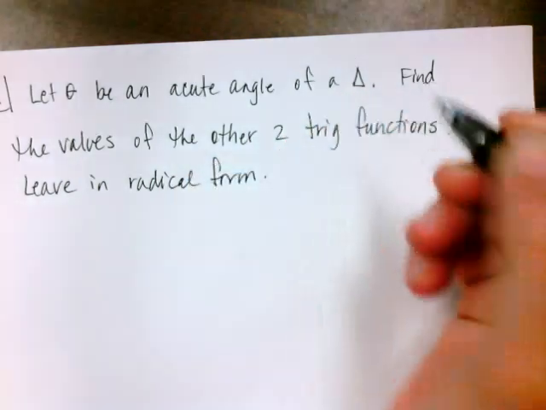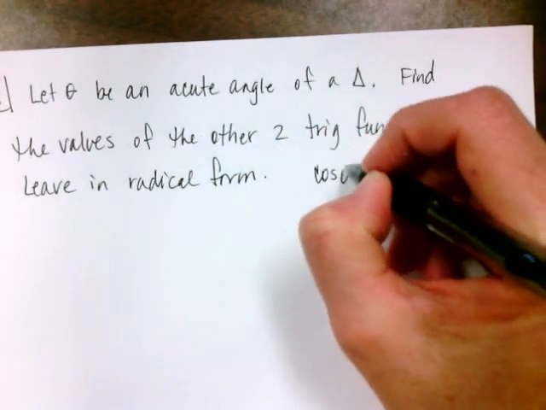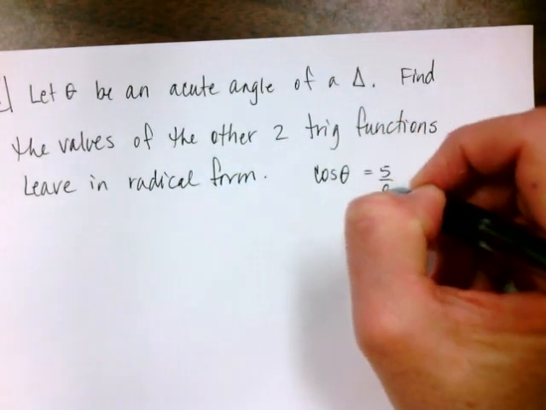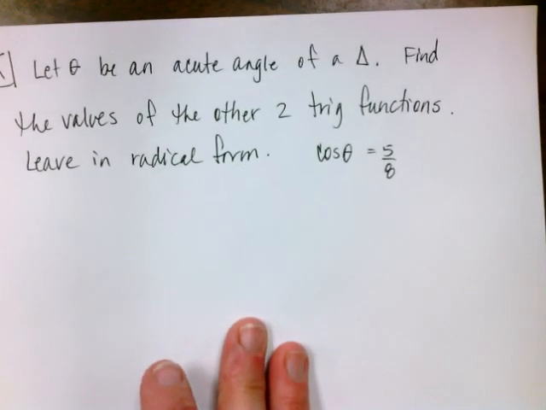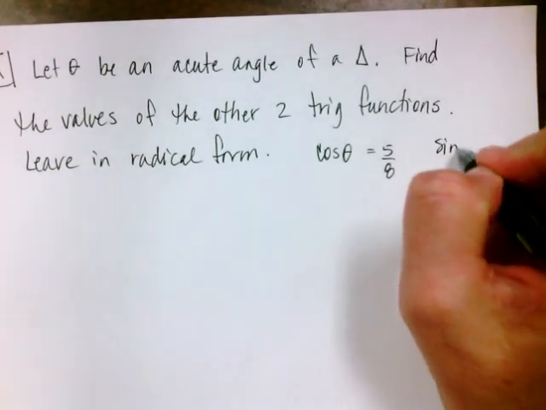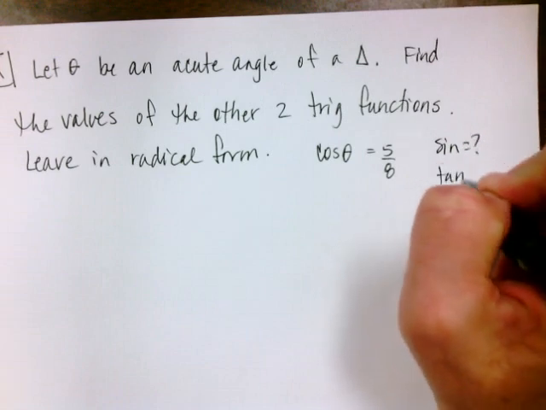Okay? So you're going to be given that the cosine of theta is equal to 5 over 8. And that's all that you know. And I need to find the other two functions. So I need to find sine and I need to find tangent.